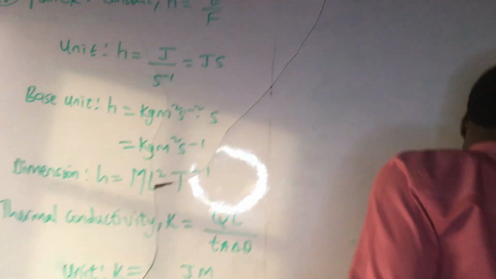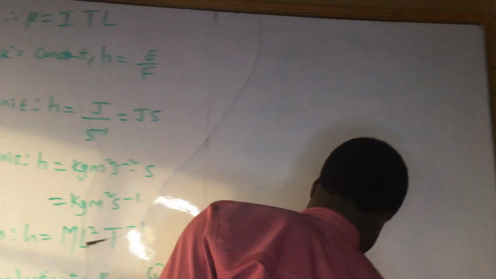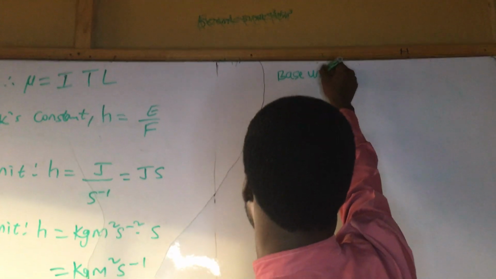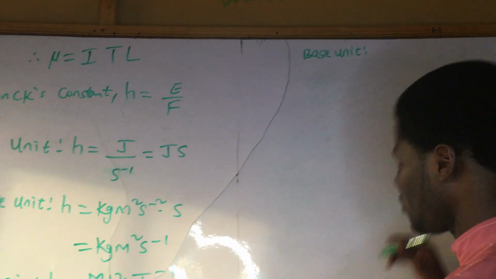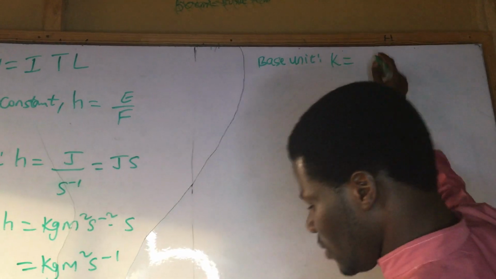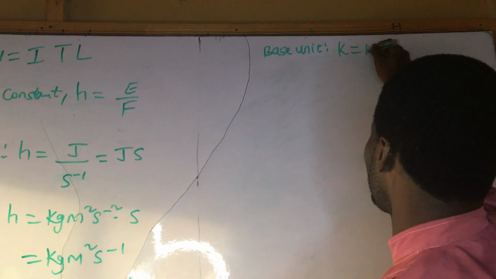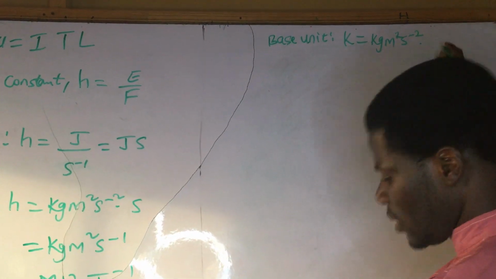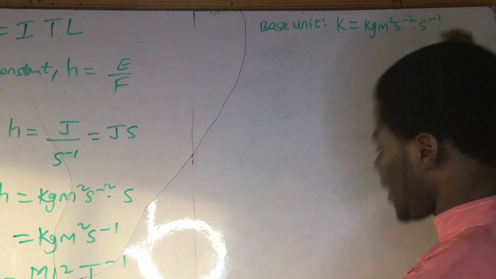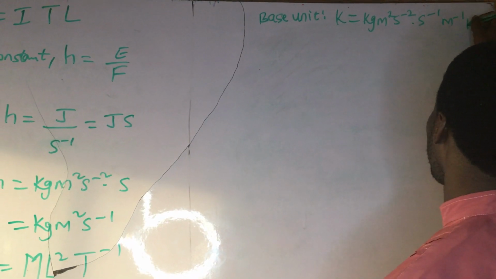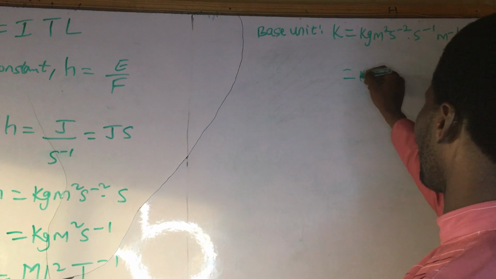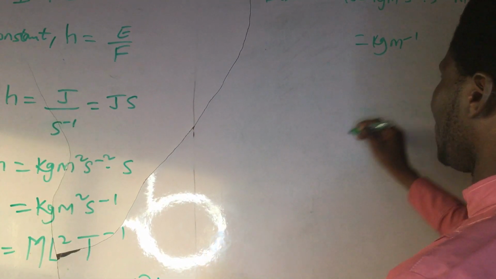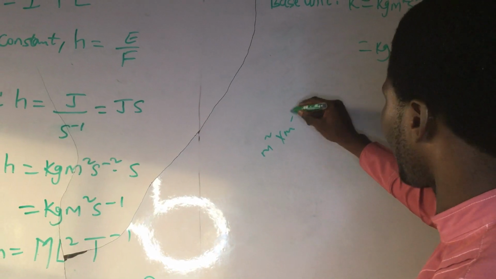And let's look at the base unit. Base unit now. Joule's base unit is kilogram meter square per second square. Then that's for J. We have per second again. We have per meter, and we have per Kelvin. So we have kilogram meter squared times per meter will give us m raised to power minus 1. Remember, m squared times m raised to power minus 1.